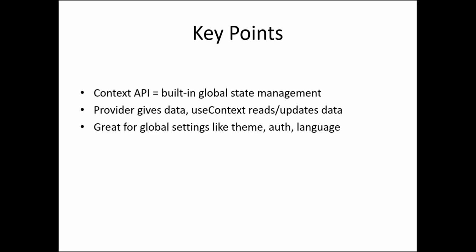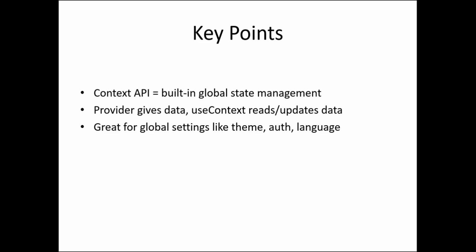So there are some advantages in context API. It avoids prop drilling, which means no need to pass props through every level. Centralized state, which means a single source of truth for shared data.